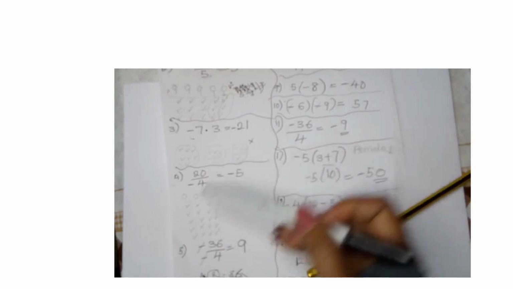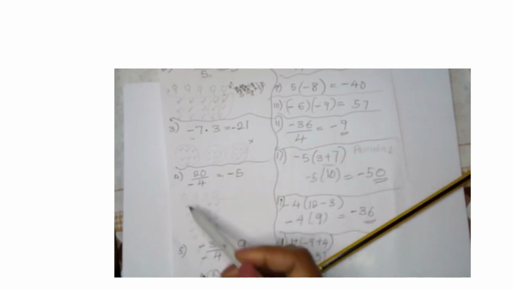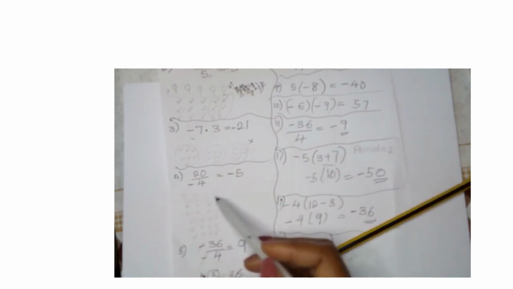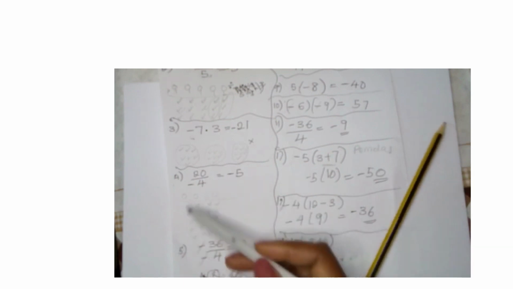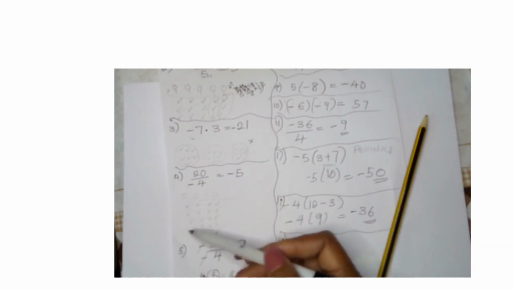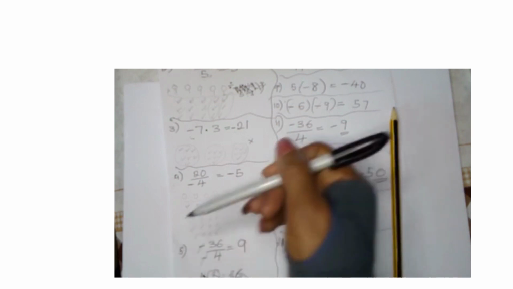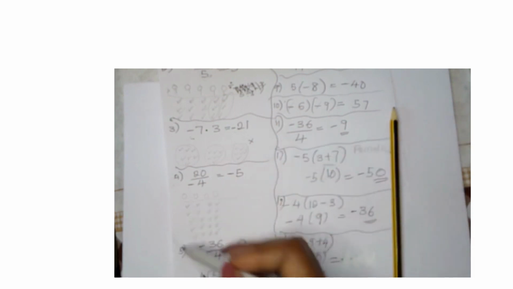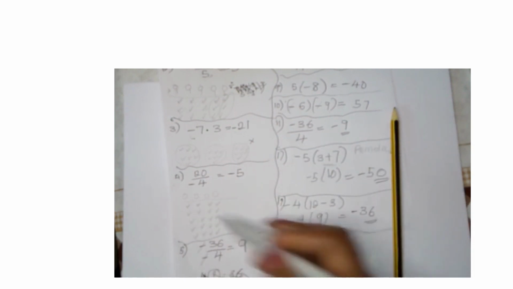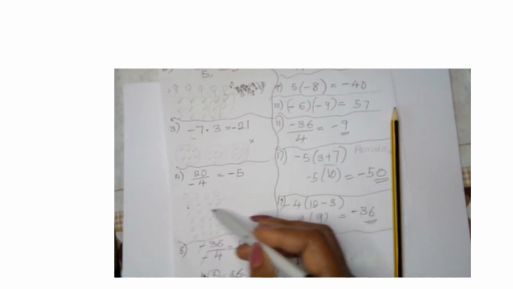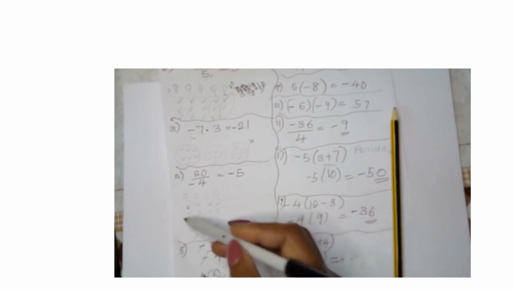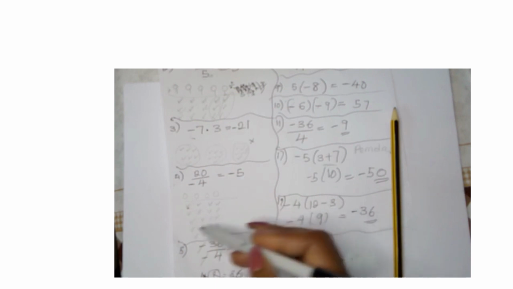So you have 4 people and you're going to give them a total of 20 grades. How will you share it to them without cheating? So you give the first 1, 2, 3, 4, 5, up to 20.